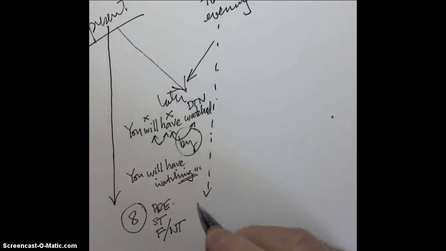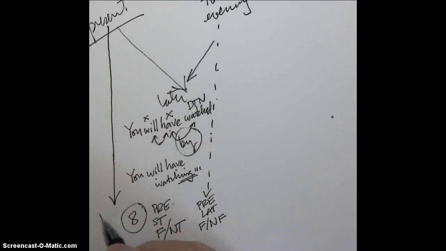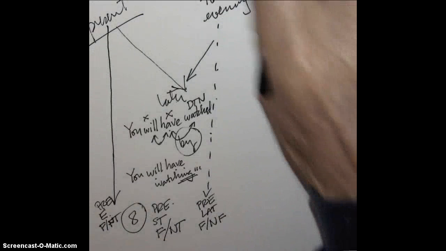We have present, later, finished. Present, later, not finished. We have earlier. We have present, earlier, finished. Present, earlier, not finished. And then we have these 2 more.